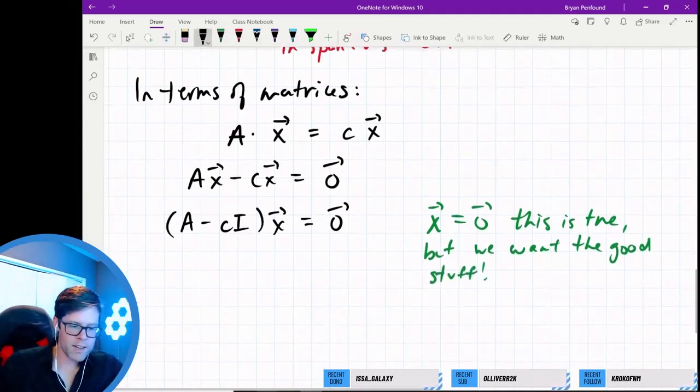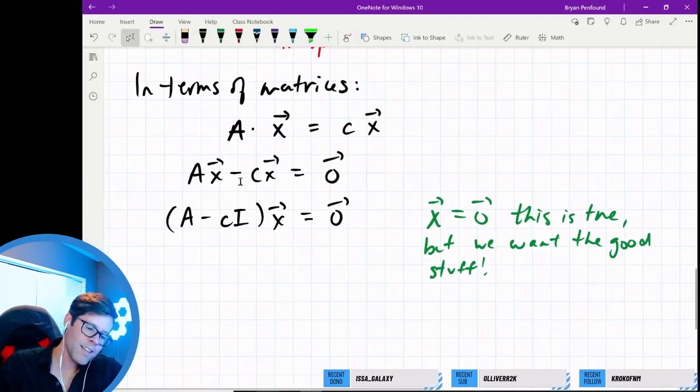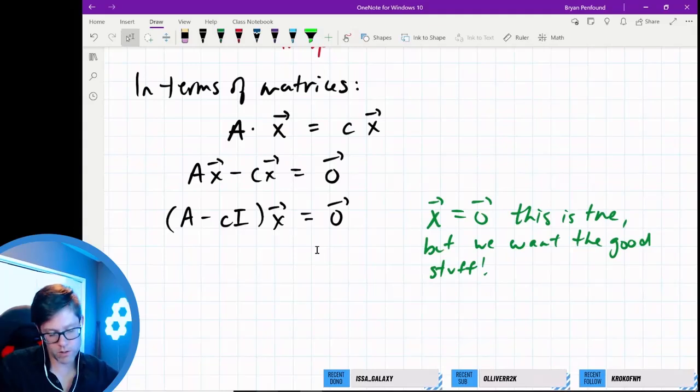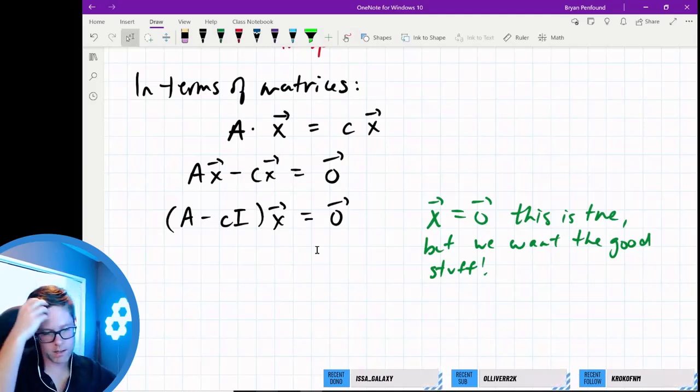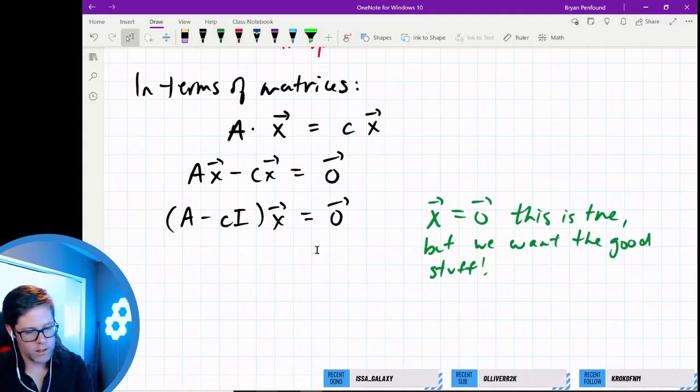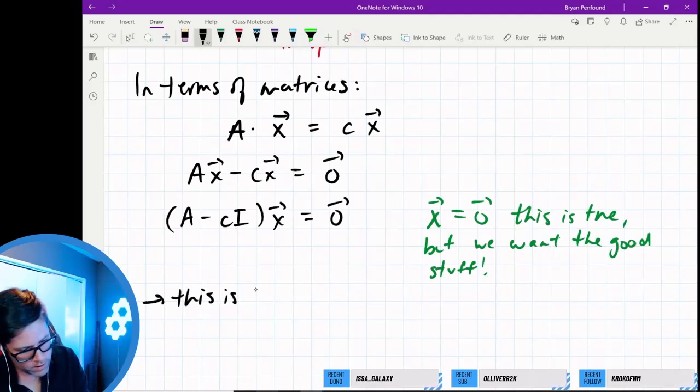So here's where things get a little tricky. This is a homogeneous linear system. When does a homogeneous linear system have non-trivial solutions? It's going to have non-trivial solutions whenever the determinant of that coefficient matrix is equal to 0.